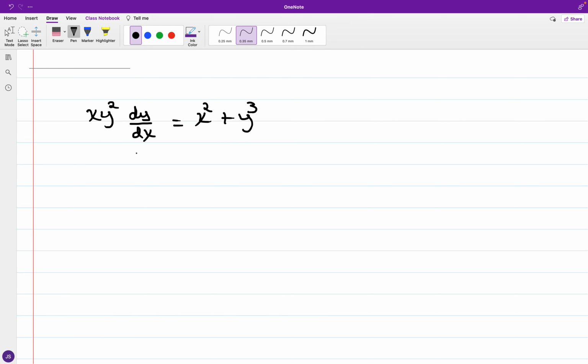If I were to express this equation and try to put it in terms of a homogeneous differential equation, I would divide by xy squared.